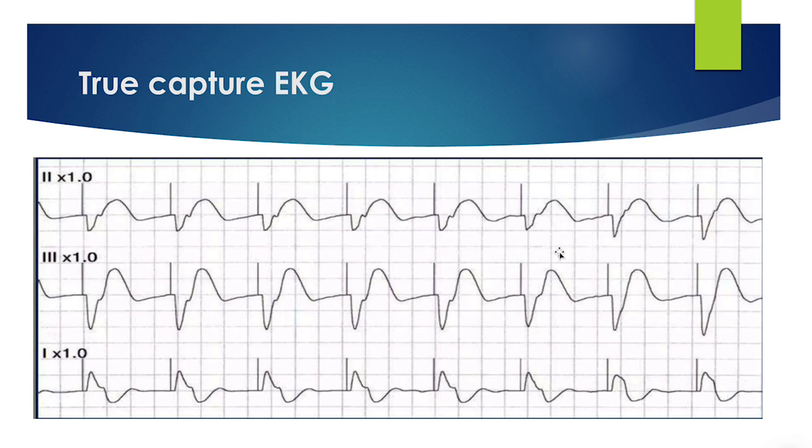Here's an example of true capture, like I was saying: before the QRS, you have this wide QRS and wide T wave that looks almost like a STEMI or a left bundle branch block. So that widened rhythm usually indicates a true capture.